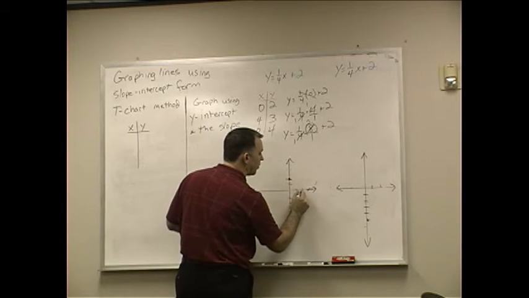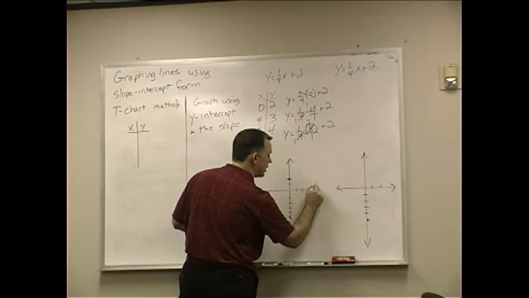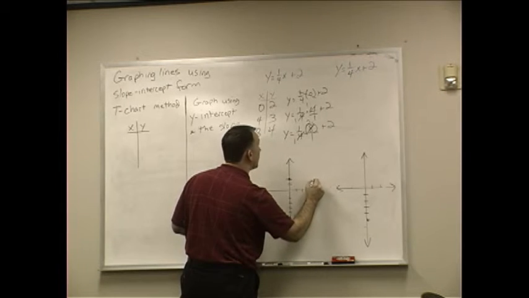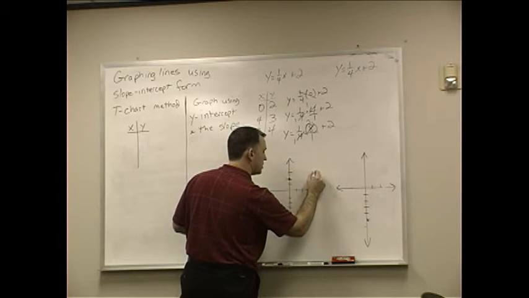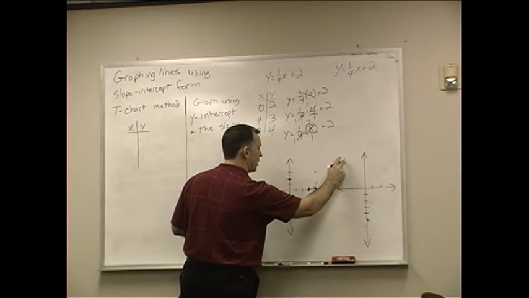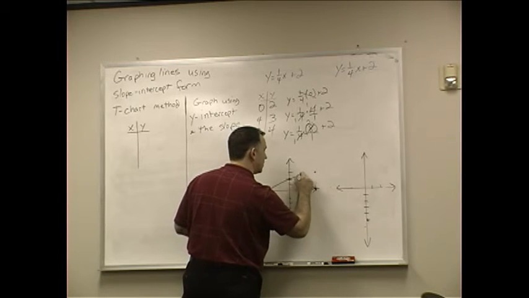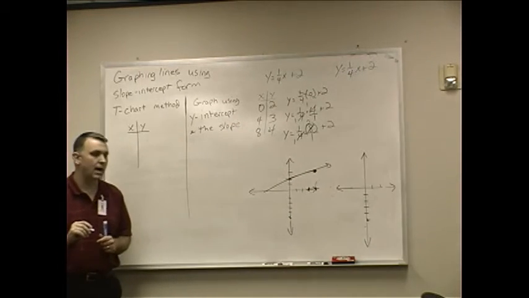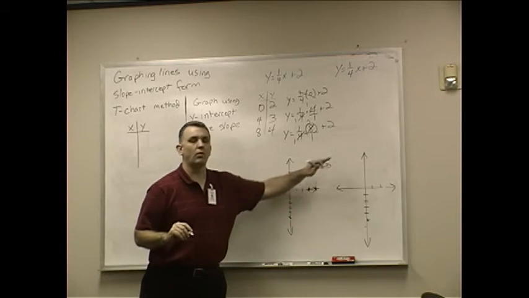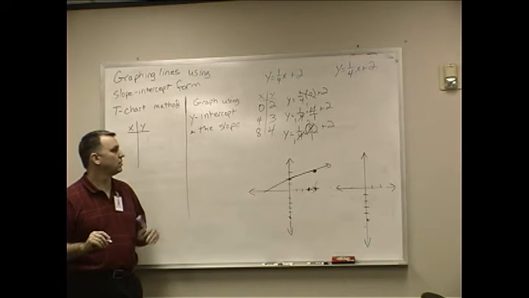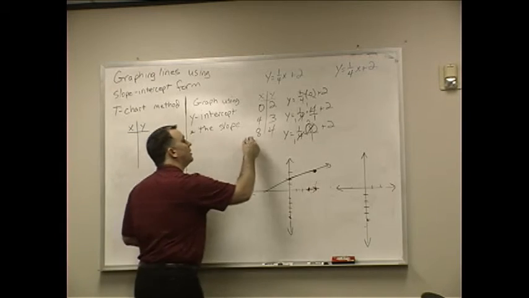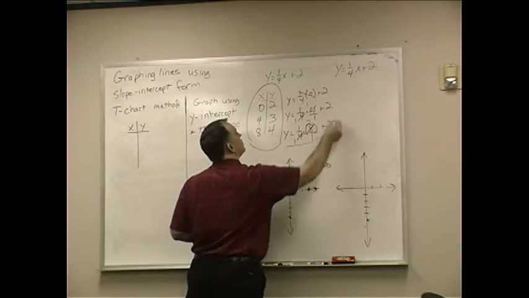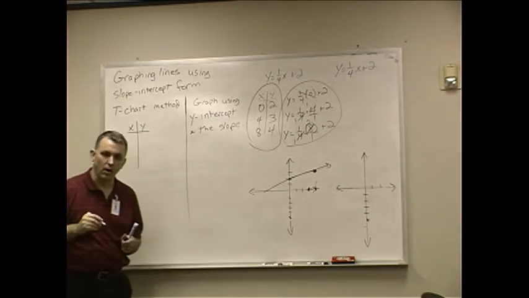Over 4, 1, 2, 3, 4, put me about there, up 3. And over 8, it's going to put me way out there. It's going to give me a line that goes up with a fairly gradual rise to the right. But calculating this T-chart is a massive amount of work.